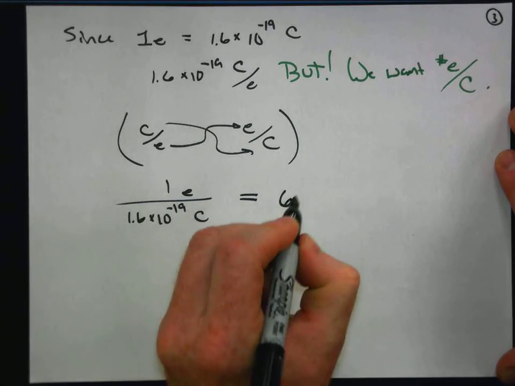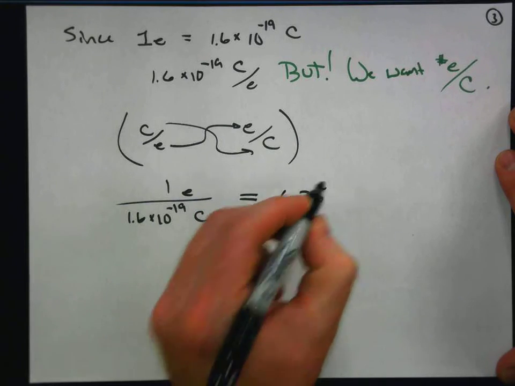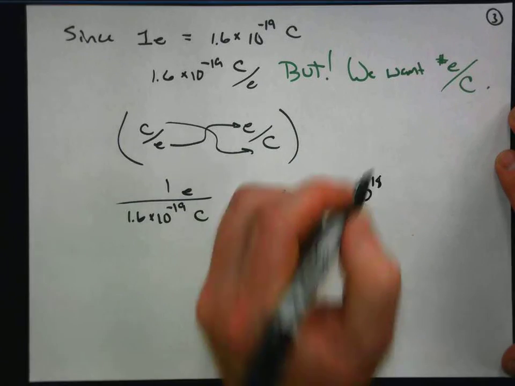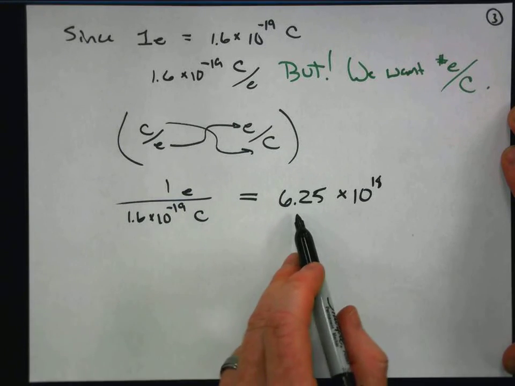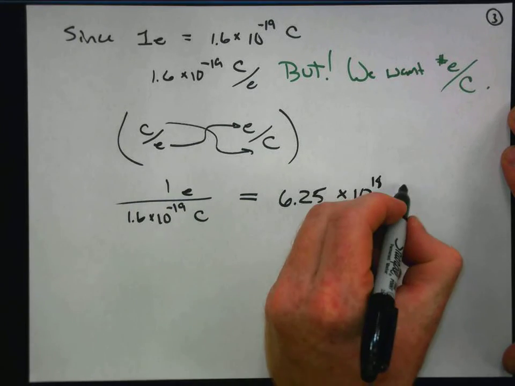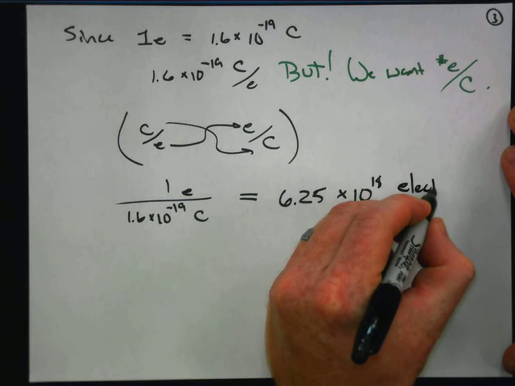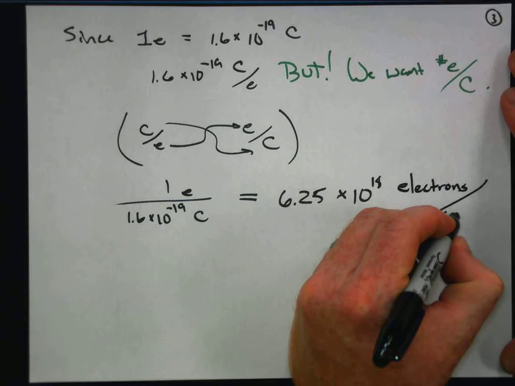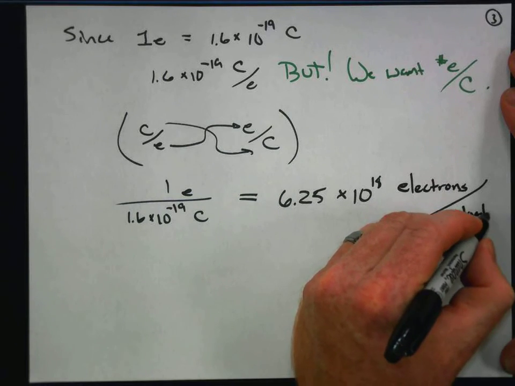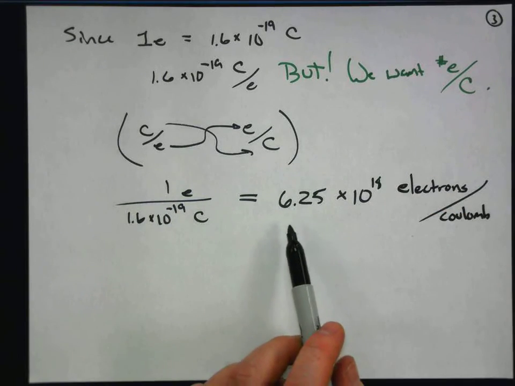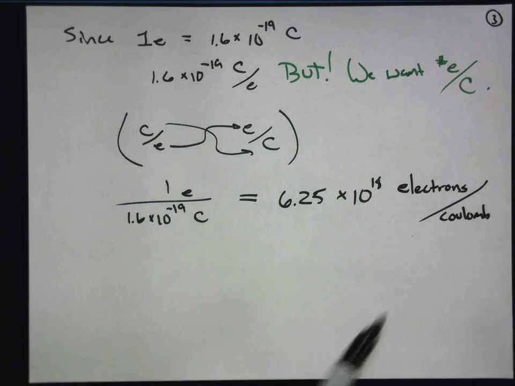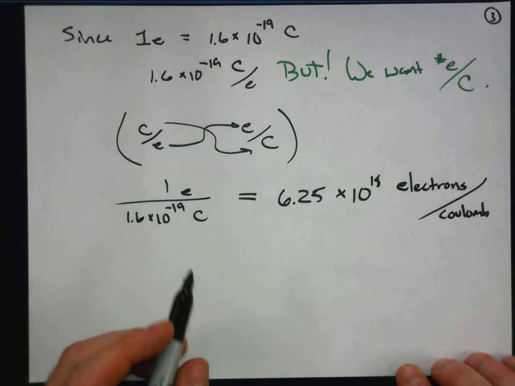So I can actually get a number I can work with. It turns out I get 6.25, it's rounded just a tad, times 10 to the 18. So this is 6.25 times 10 to the 18 electrons per coulomb of charge. I need 6.25 times 10 to the 18 electrons to make up 1 total coulomb of charge.